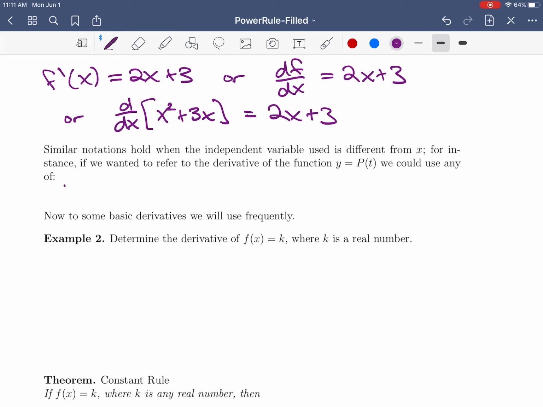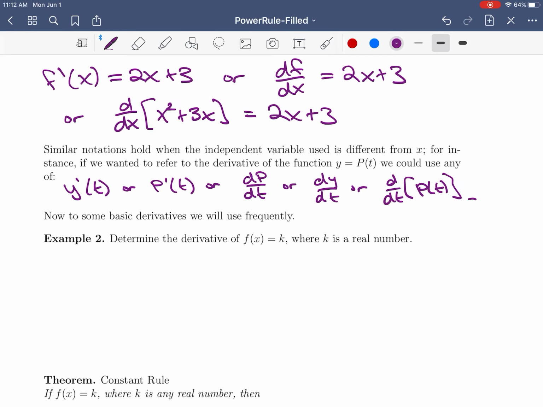So here we could have y prime of t, or P prime of t, or dP dt, or dy dt, or d by dt of P of t, etc. Notice that t is our variable, so that's why it's in the bottom of all of these d by dt expressions, and inside the brackets in these other ones. It doesn't matter, the notation just corresponds to your function name and the variable name.